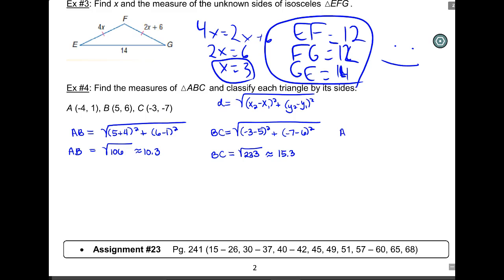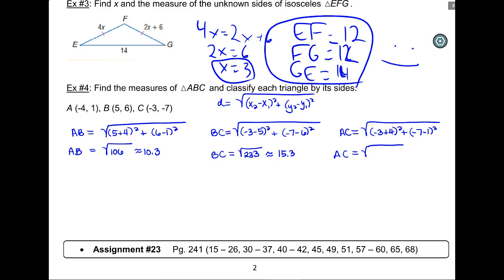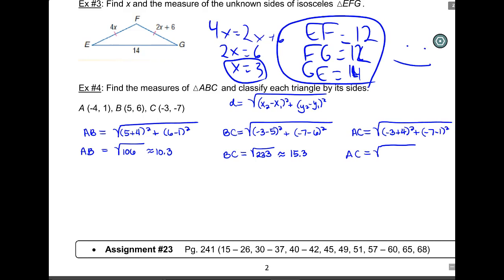And the last one we'll do is AC. We have -3 minus -4, so plus 4, squared, and then -7 minus 1 squared. So we get square root of 65.